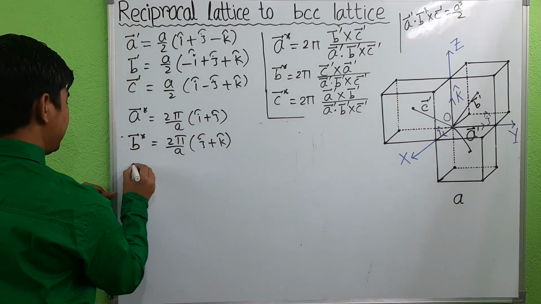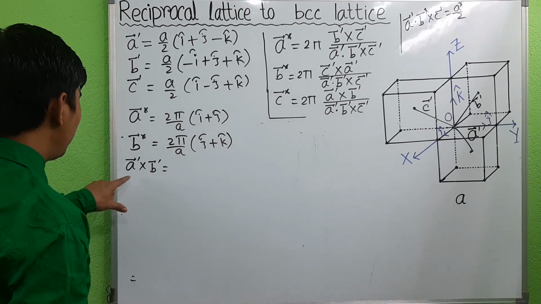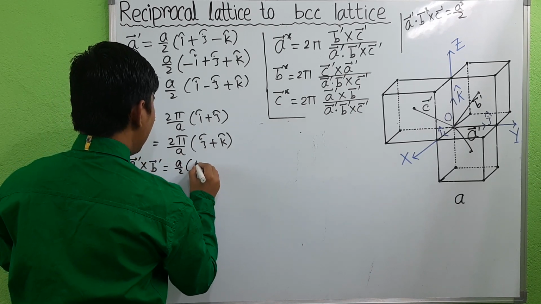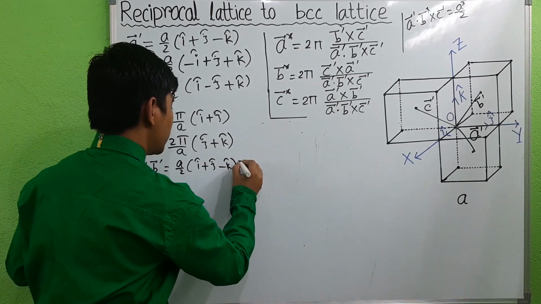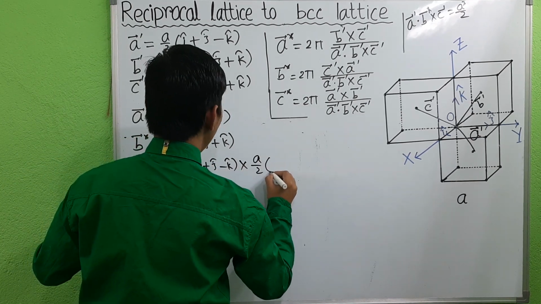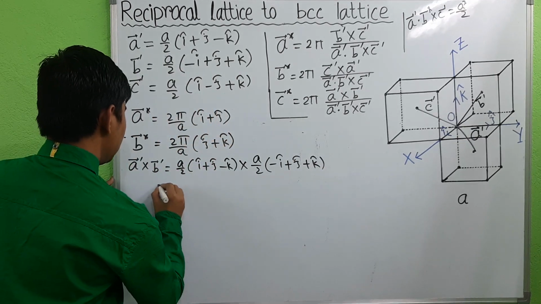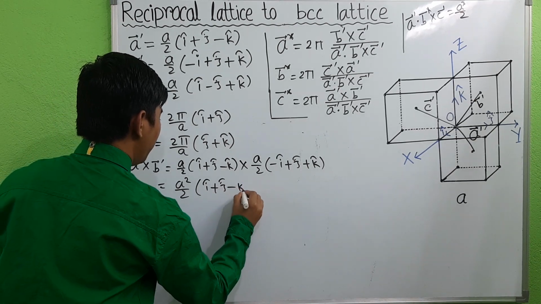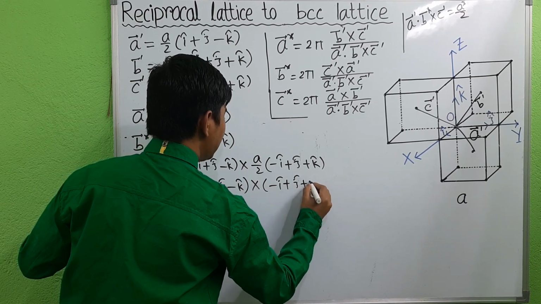Now a vector dashed is a by 2 (i cap + j cap - k cap), cross b vector dashed, which is a by 2 (-i cap + j cap + k cap). This is equal to a square by 2 times (i cap + j cap - k cap) cross (-i cap + j cap + k cap).